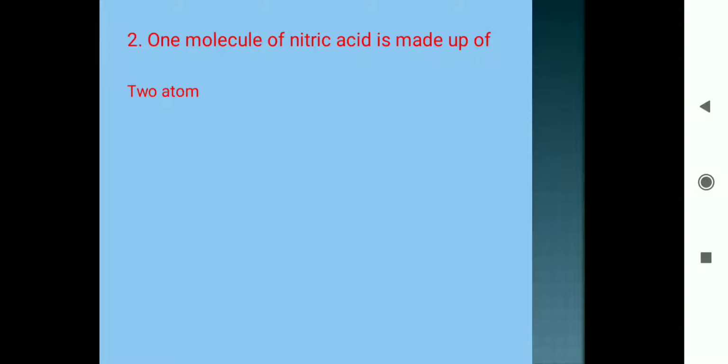So silver, as it has the Latin name argentum, that is why we are writing this symbol as Ag. Coming to the second question. One molecule of nitric acid is made up of the options. First option, 2 atoms of hydrogen, 2 atoms of nitrogen and 2 atoms of oxygen.